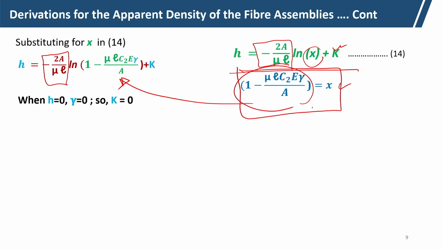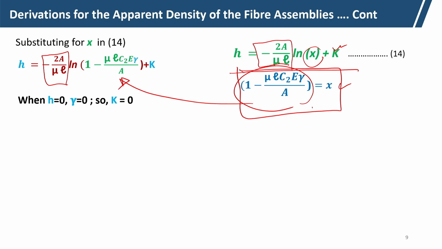Now, when h is 0, meaning the height is 0, the gamma will be 0, because there is no fiber and the apparent opening will be 0.